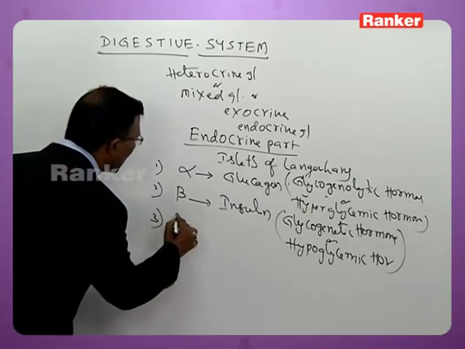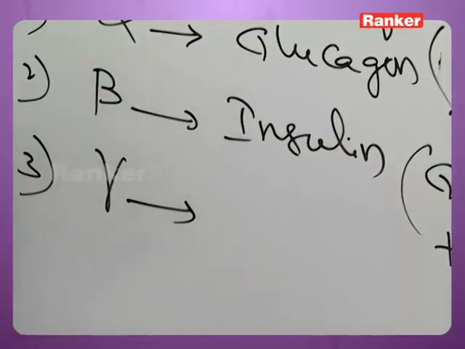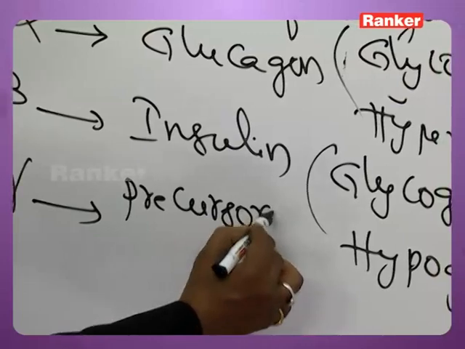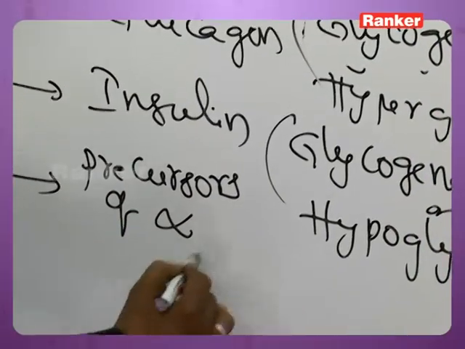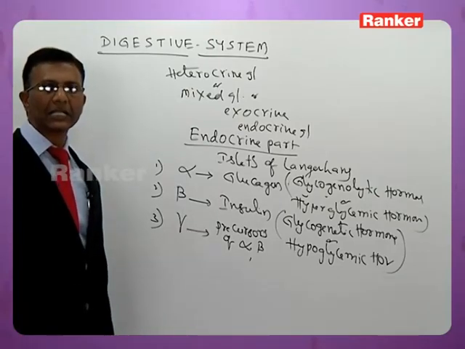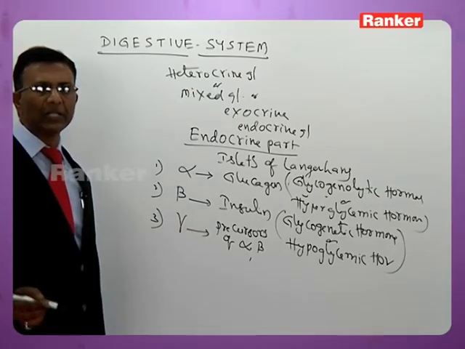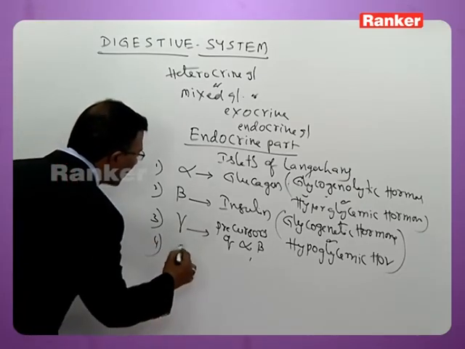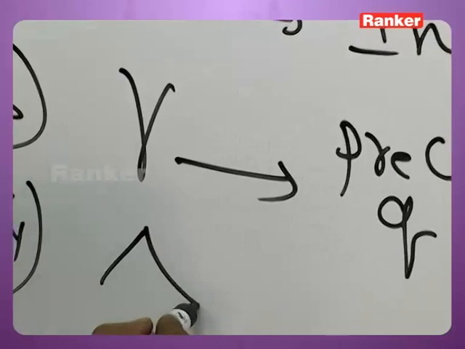The next you have gamma cells. These gamma cells are precursors of alpha and beta. That is, they give rise to both alpha and beta here now. The next you have delta cells.